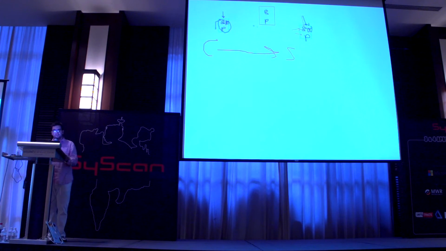With ALPC, the views can be marked secured. And what secured says is, you write your data here in this view, just like before. And when you are actually sending the message from client to server, as it crosses the boundary, this view gets remapped read-only. And now the receiving view gets mapped read-write.